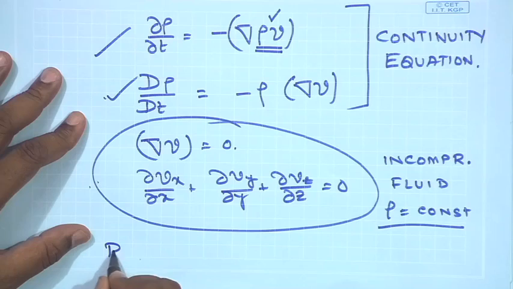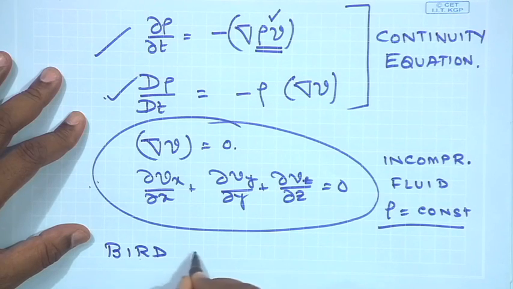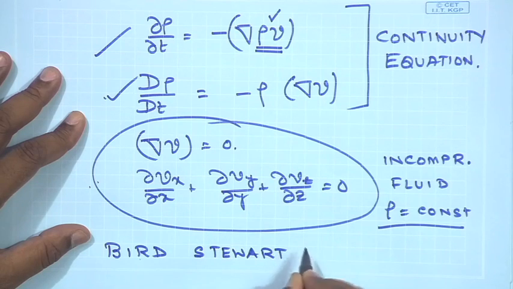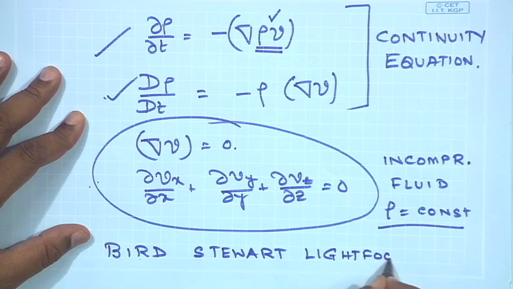And this part of what I am teaching you right now is clearly mentioned in Bird, Stewart and Lightfoot's book on transport phenomena, which is the book that I have followed for this part.